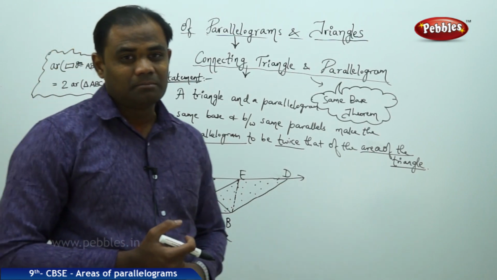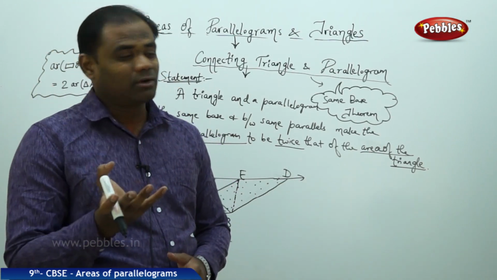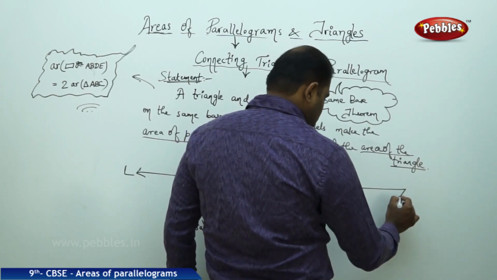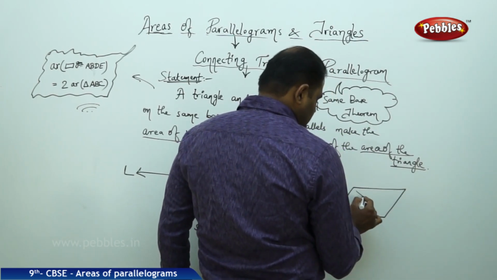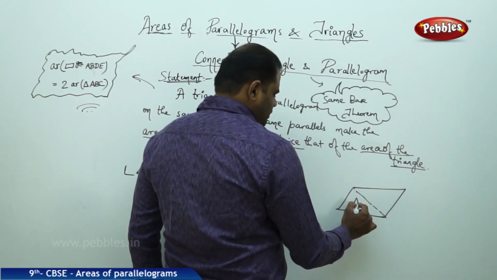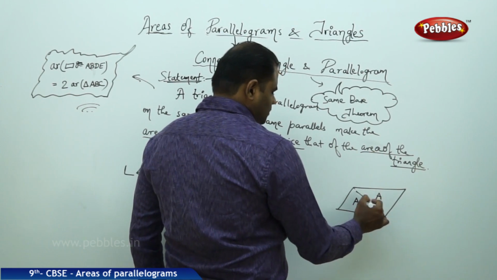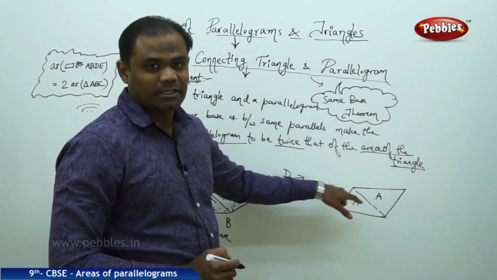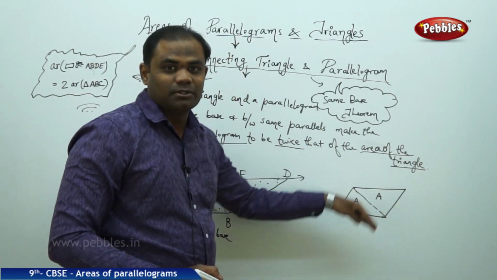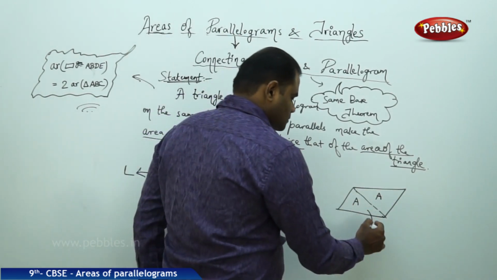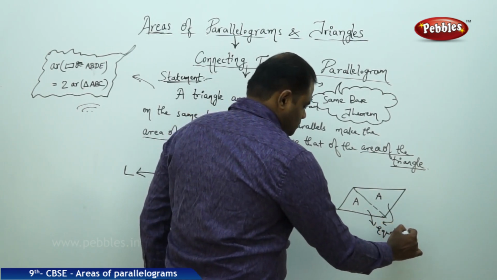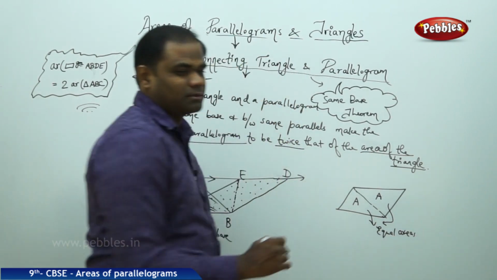A diagonal makes the two triangles congruent in a parallelogram is what we have learnt in the previous sessions. So the diagonal divides the parallelogram into two equal areas, is what we have learnt in the previous session.